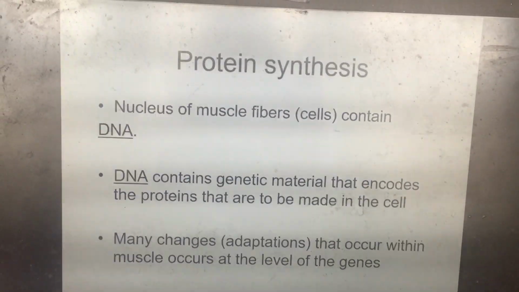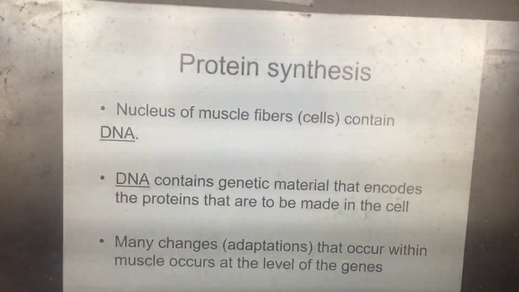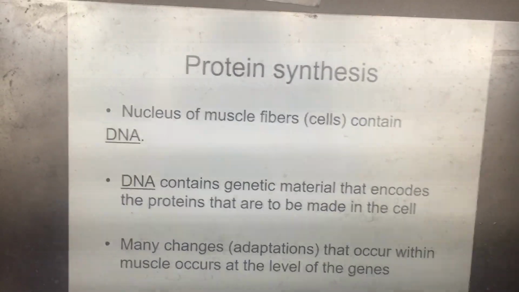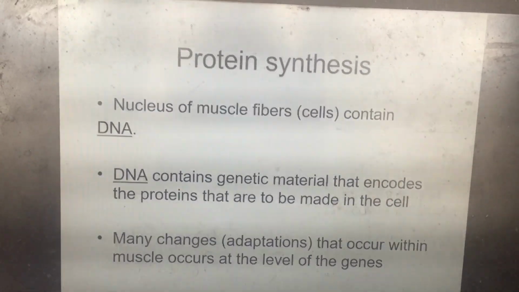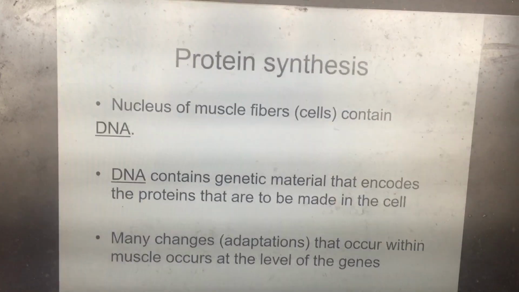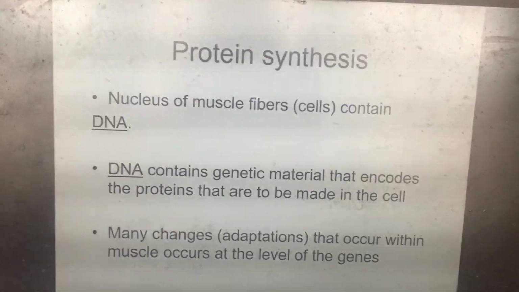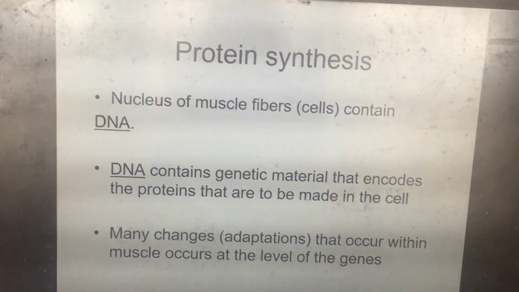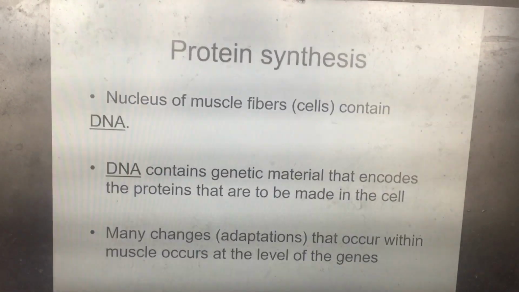The nucleus contains DNA. Your DNA contains your genetic material that encodes for all your proteins that are made in the cell. And you can get many changes that occur at the level of your genes. So if you go on an exercise training program, there's a signal that's sent to your DNA to increase expression of certain proteins.